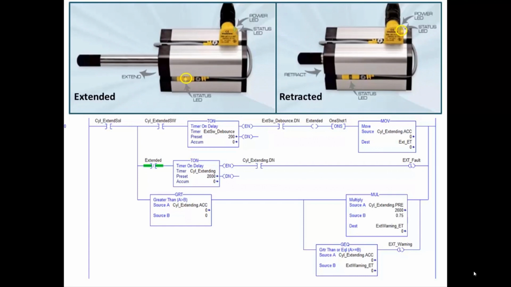However, if the cylinder extends in the appropriate amount of time, then the extended bit goes on, the second rung or the second branch is false, and that TON never times out, and you don't latch on the extend fault bit. Also, to allow you a warning if the cylinder is starting to get slow, sticky, dirty, etc., instead of waiting for it to take too long and faulting, we first check to see that the accumulated value is greater than 0.